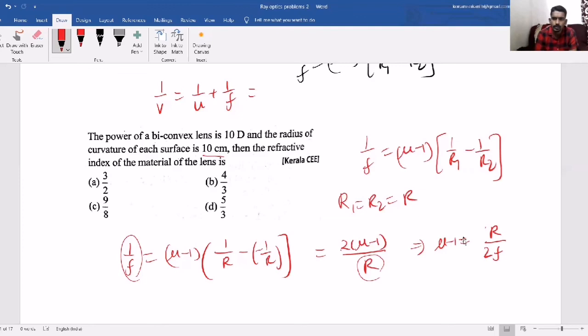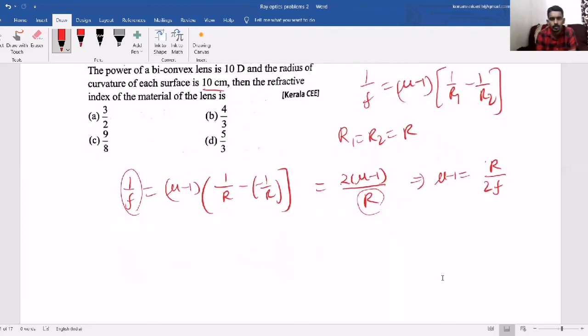First you find the focal length, where 1 by F is 10 diopter. You should not get confused with the units. Diopter means in terms of meter, so F is 1 by 10 meter. But we want it in centimeter, which is 100 by 10, so 10 centimeter, because R is also in centimeter.